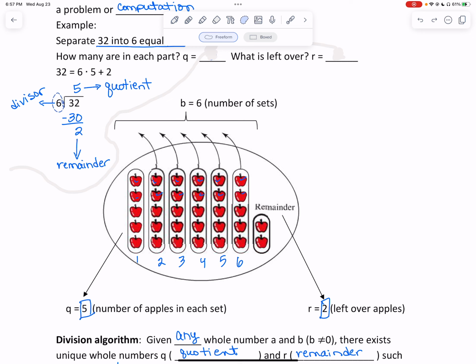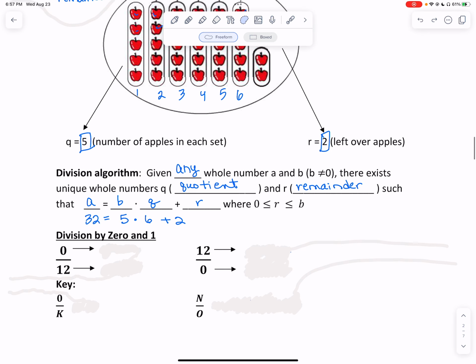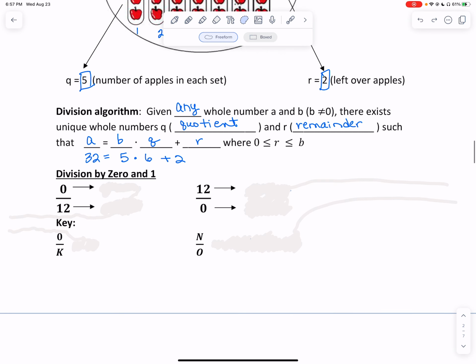So if I had put 4 up there and I got 24 when I subtracted, I would have gotten a number bigger than 6, which means, now wait a minute, I could put more apples in there. I hadn't dealt out all my apples. So if this remainder is bigger than your divisor, then you've got to go up on that number.